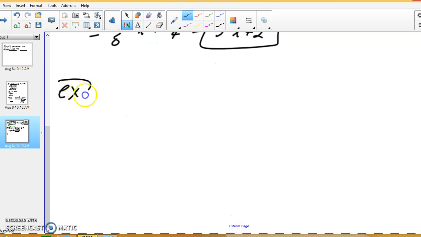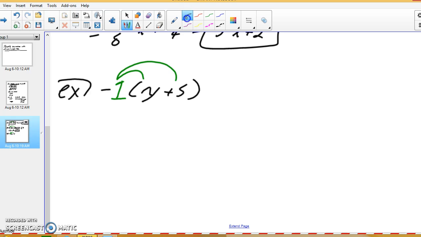One more quick example. Say we just have a negative y plus 5. If you ever see a negative out front of a parentheses like this, you know that it stands for a negative 1. So that means, using the distributive law, we just distribute that negative 1.